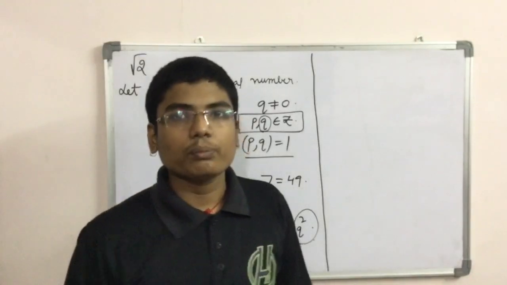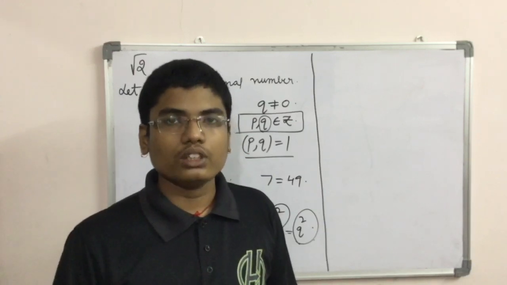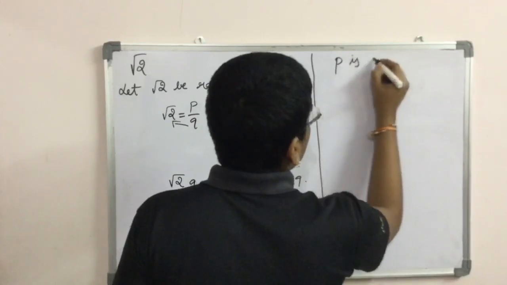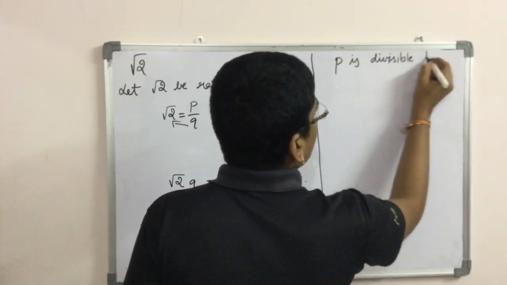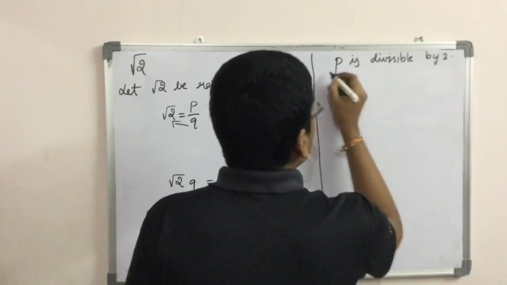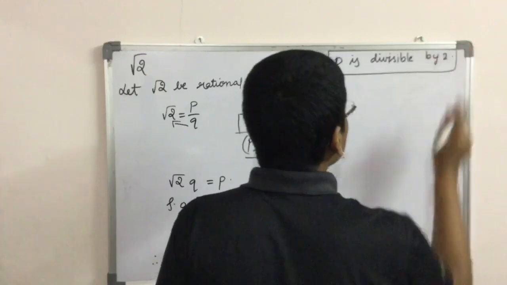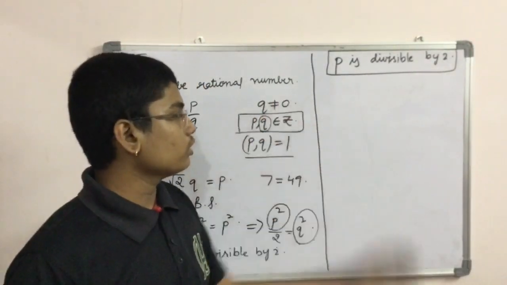Now in the next step, we have a theorem to apply. Whenever p square is divisible by 2, then p is also divisible by 2. We will highlight this statement because the final result, our contradiction, is based on this.